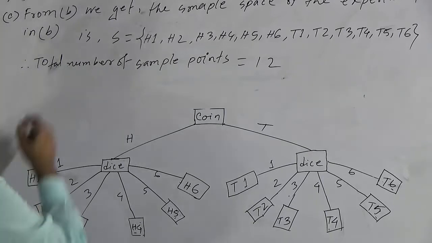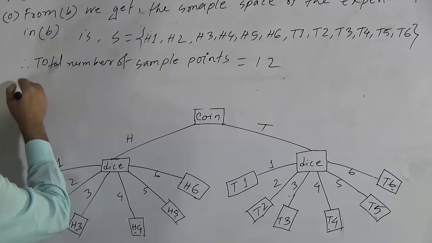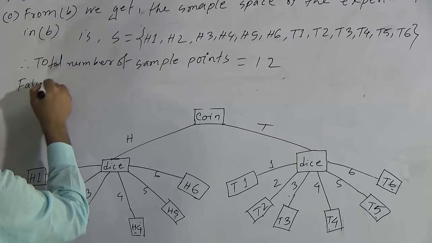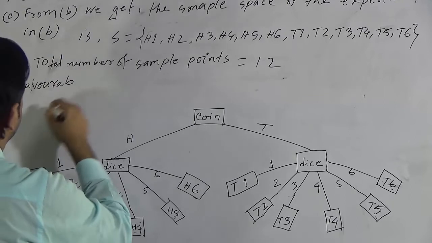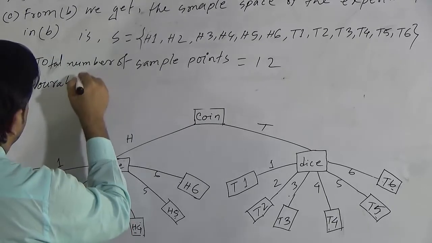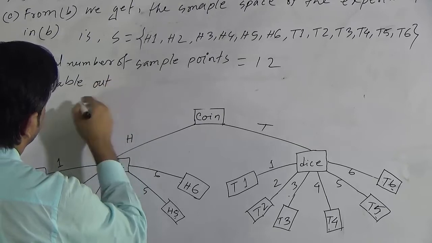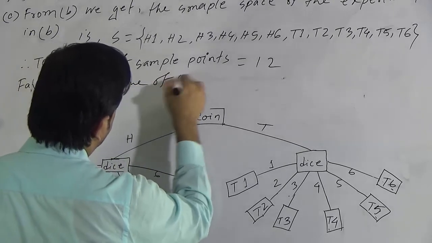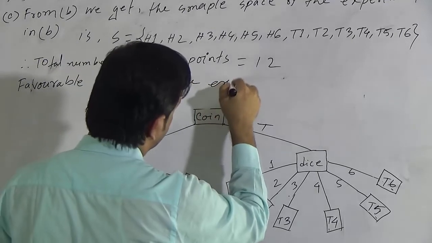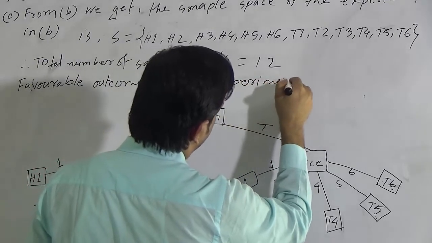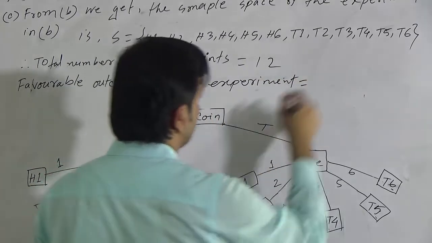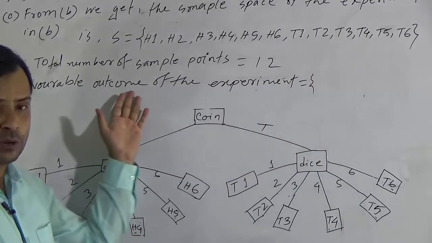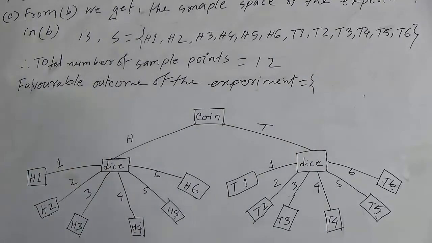Okay, now I have to write favorable outcomes of the experiment. To understand the favorable outcomes, we need to read the question again.